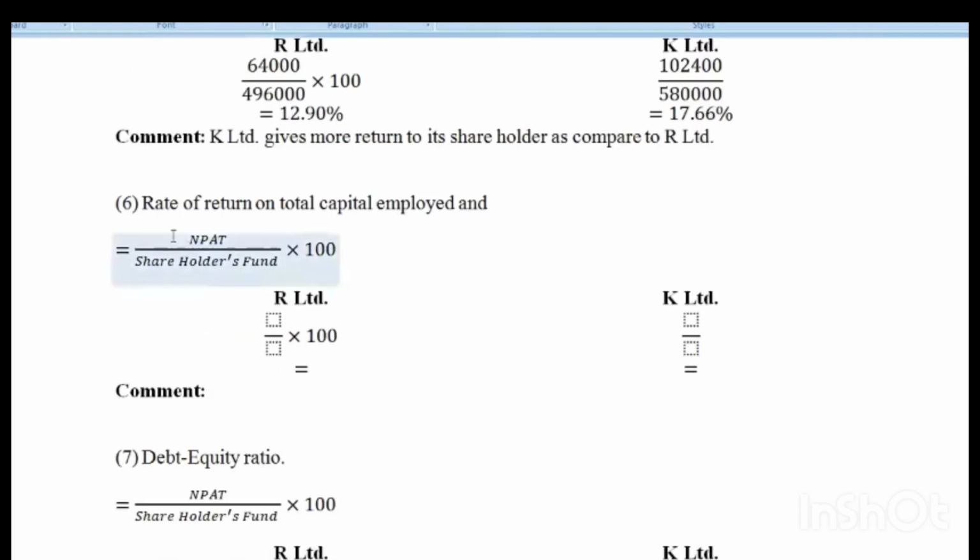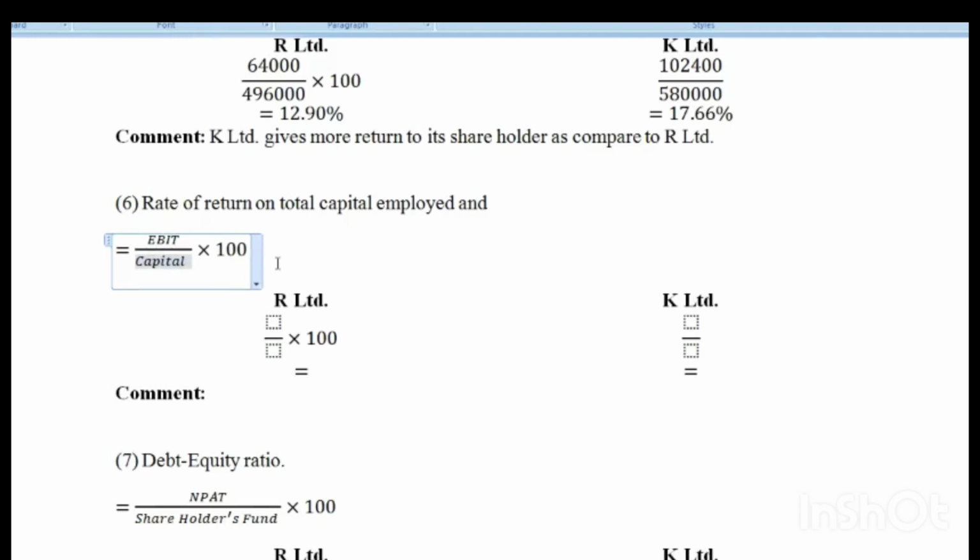Okay. Next ratio is rate of return on capital employed. If capital employed is there, then the formula is EBIT, earning before interest and tax, divided by total capital employed. Now put the values in the formula.